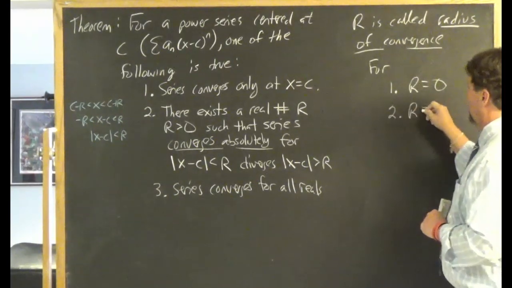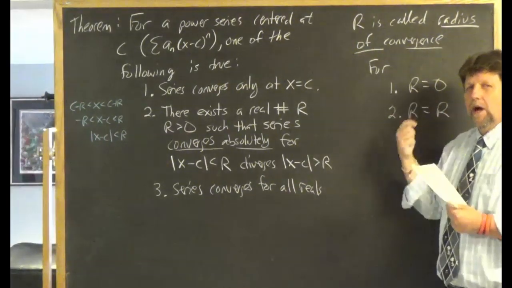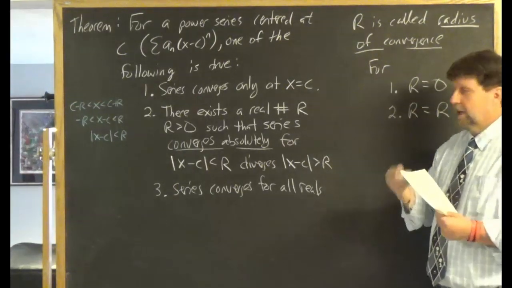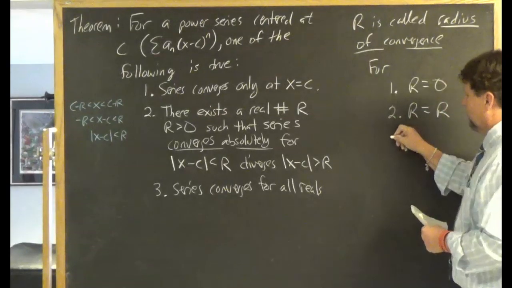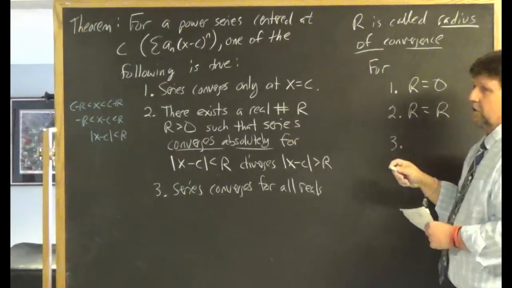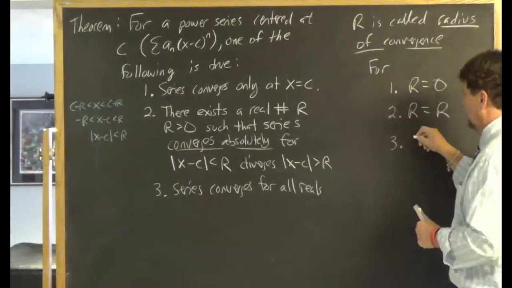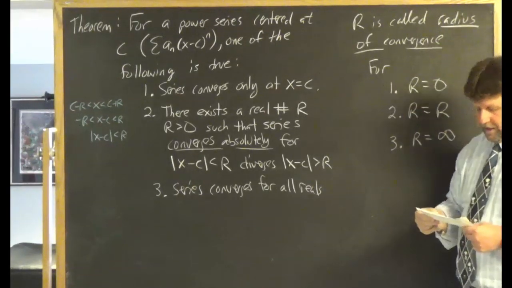For number 2, the radius of convergence is equal to r. Now you see why I picked the variable r initially. It was setting up radius of convergence. And for number 3, if you converge for all reals, it doesn't matter where you are centered. The radius of convergence is infinity.